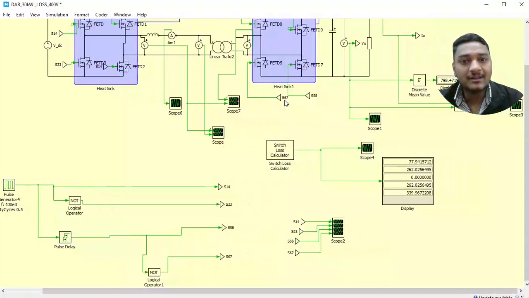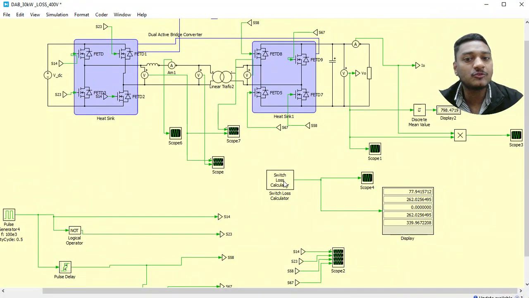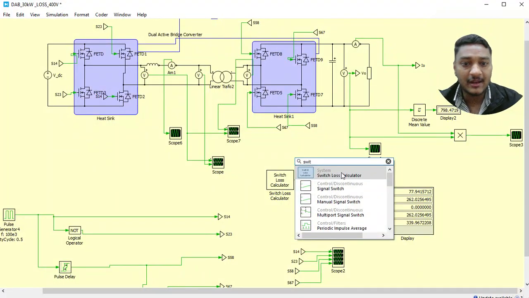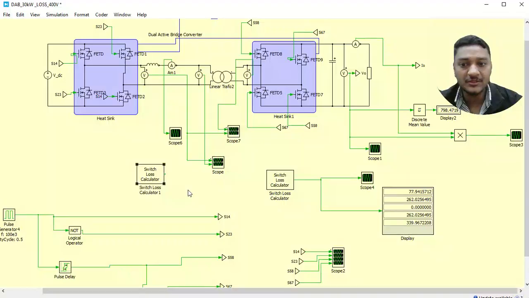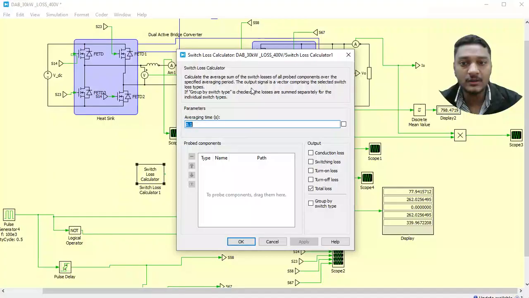Now the additional feature we have here is a switch loss calculator. You just type switch loss calculator, and you can have the switch loss calculator block. Now inside the switch loss calculator, it will ask you the averaging time for which you need to calculate the losses. I assume I am keeping it as 0.1.